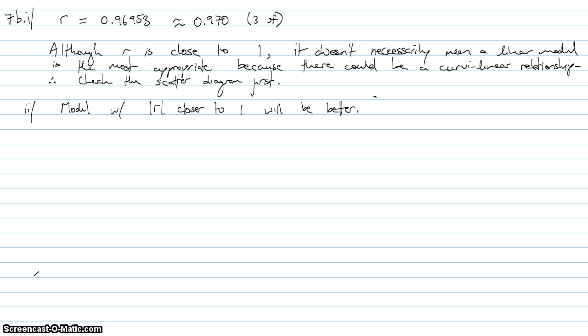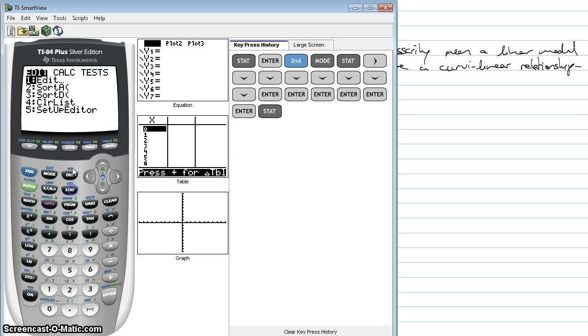Okay, so let's do this. We already know the r value for the model y equals c plus dx. This has r value 0.970. So how do we calculate the r value for the other model? Well, we go back to stat, and remember this is the model y equals a plus b ln x.